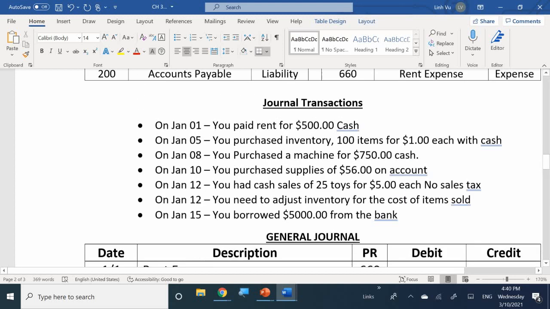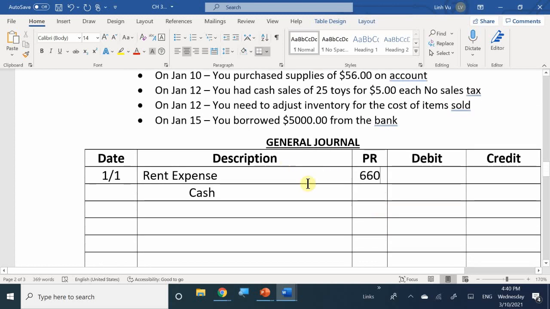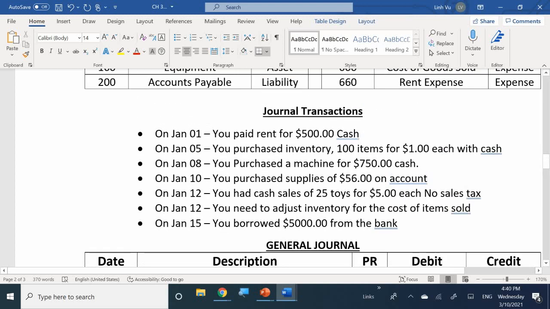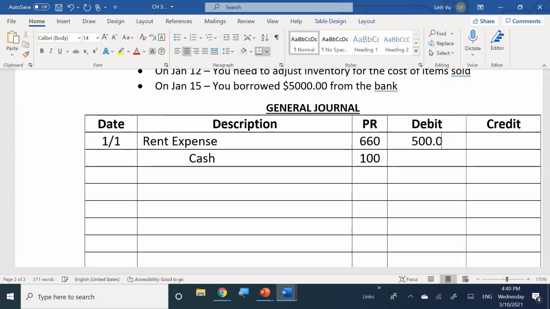What is my cash account number? 100. Now, what amount did I pay rent for? $500. So $500 goes to rent debit, and I'm going to credit my cash account by $500 because I've spent that money.